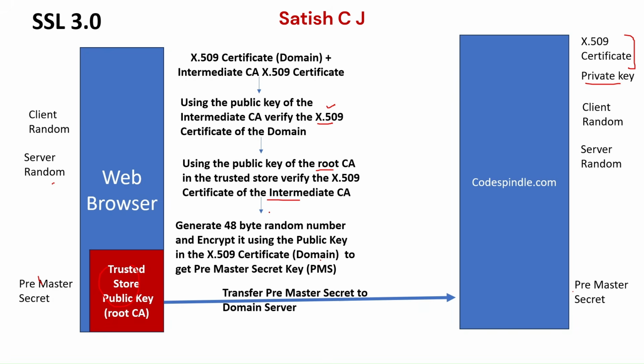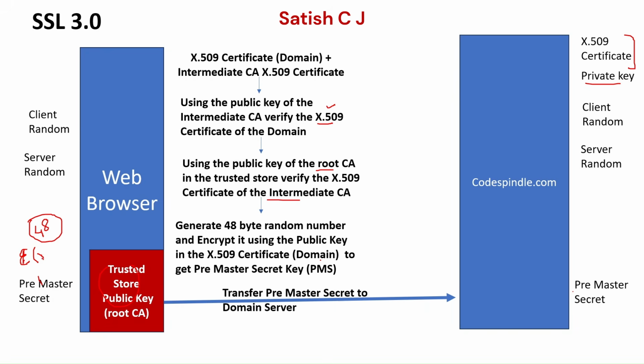After verification of the chain of trust, the client takes a 48-byte random number. This random number is going to be encrypted. Actually, this random number is the pre-master secret key.